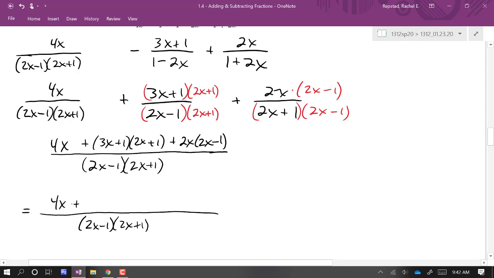So 4x plus, okay, this is 6x squared plus 3x plus 2x is plus 5x, and then plus 1, and then distribute the 2x, so we get 4x squared minus 2x. And now what do we get? 10x squared plus 7x. Yeah.